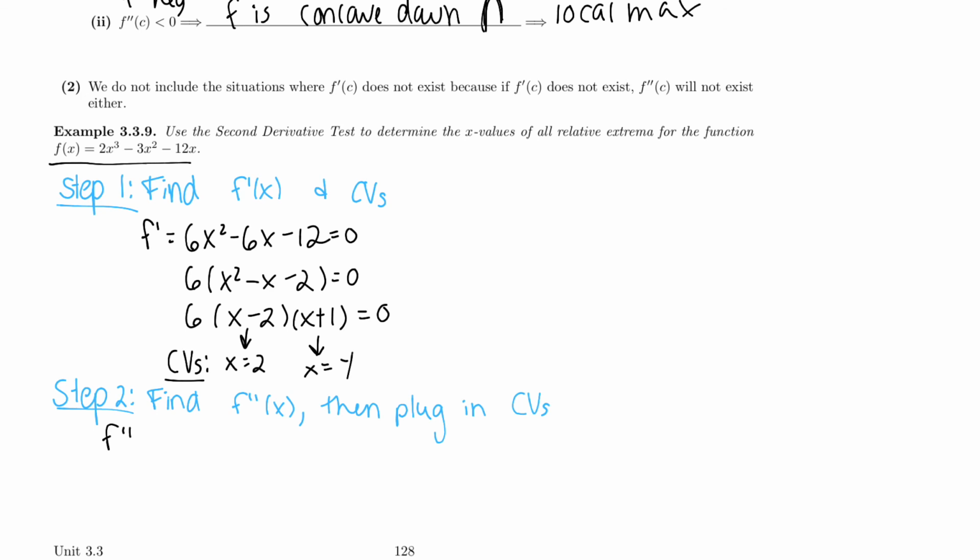Trick here: go back to the first one and take its derivative. So f double prime will be 12x minus 6.